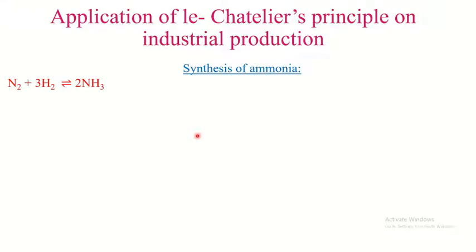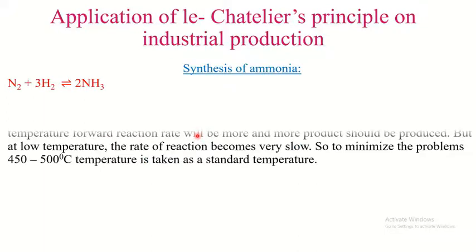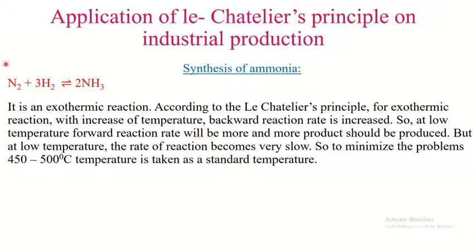But this is a loss project. We should increase the forward reaction rate, so temperature should be decreased here. Again, we know that at low temperature the rate of reaction is very slow. So to solve all these problems, the optimum temperature maintained here is 450 to 500 degrees Celsius.